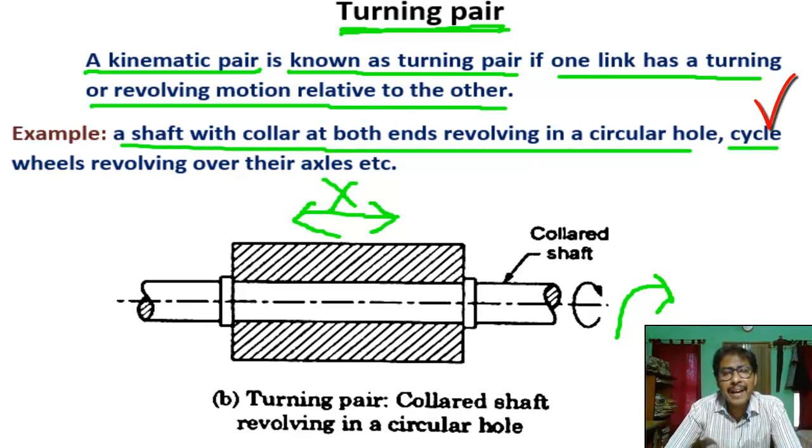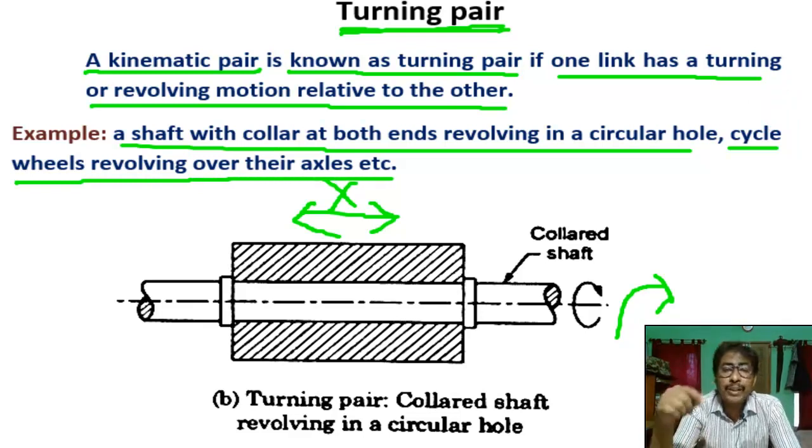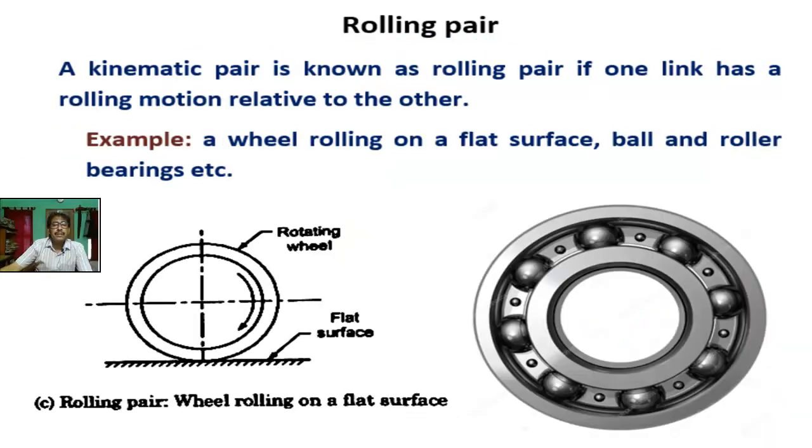A cycle wheel revolving over its axle, only rotary or revolving motion, so this is a turning pair. Okay, now what is rolling pair?